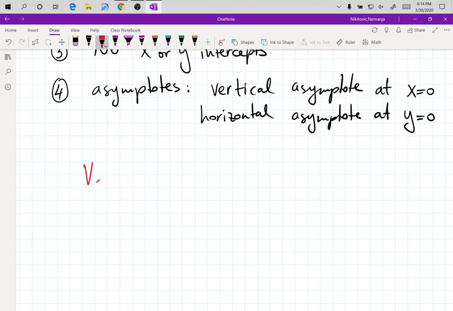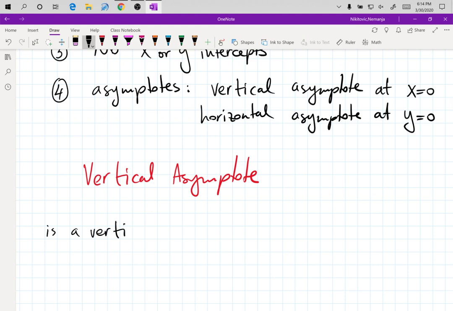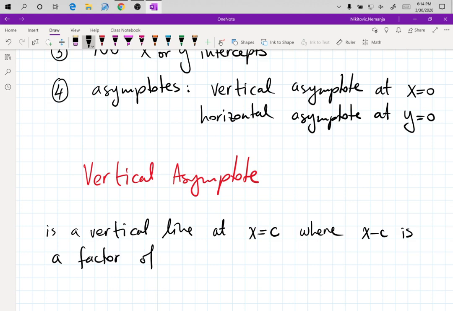So, vertical asymptote. All right, a vertical asymptote is a vertical line at x equals c, where x minus c is a factor of the denominator.